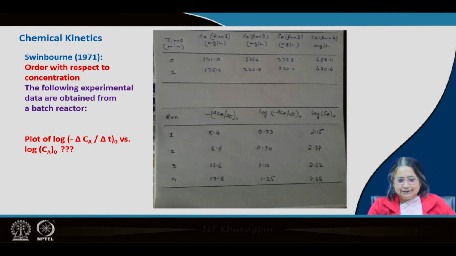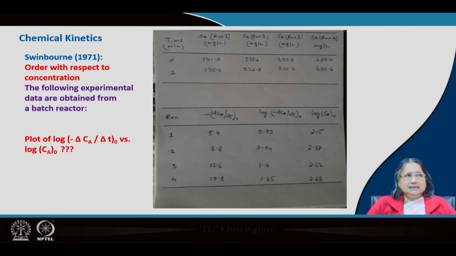Then you have to see the slope of the straight line, and then you can easily find the order of the reaction. This is a method using the differential rate law to determine the order of the reaction. The instantaneous rate is converted into delta terms, so the time period is increased.